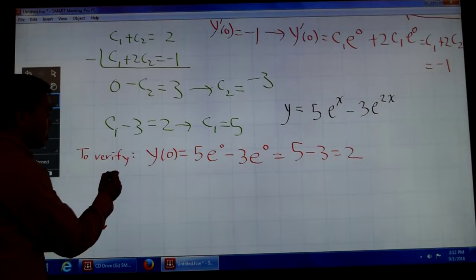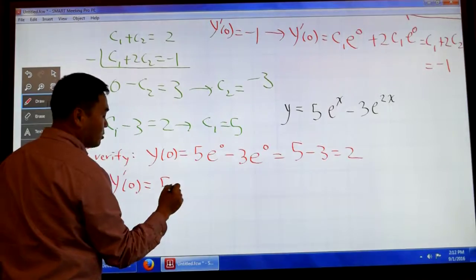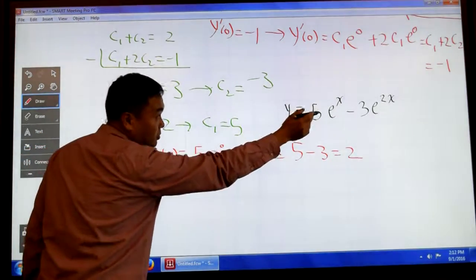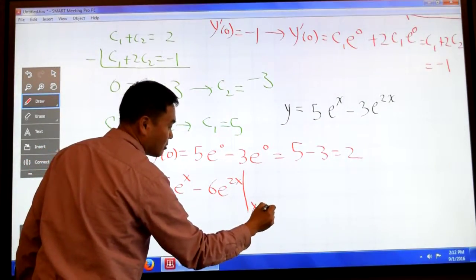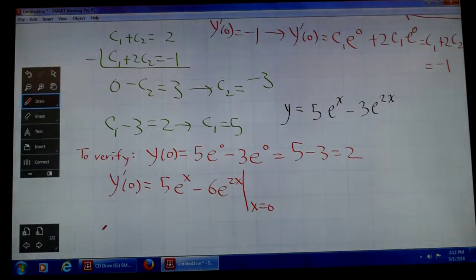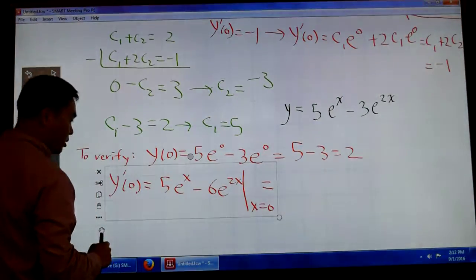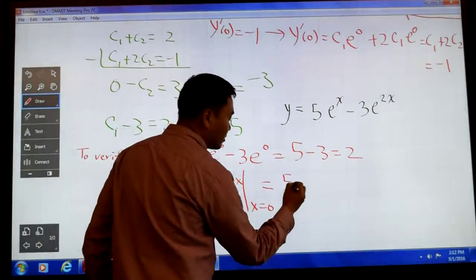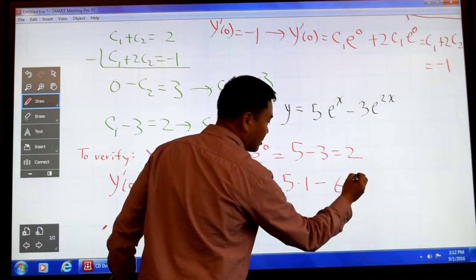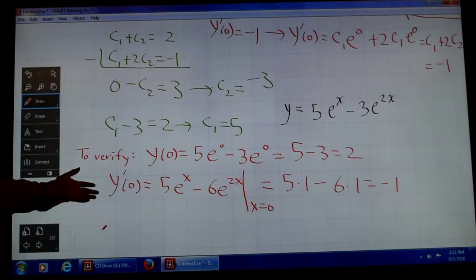Y prime of 0: if you differentiate, that's 5e to the x. If you differentiate e to the 2x, that's 6e to the 2x, and you plug in 0 for x. If x becomes 0, e to the 0 is 1, so you get 5 times 1 minus 6 times 1, so you get negative 1. So you can see that it satisfies the second condition.